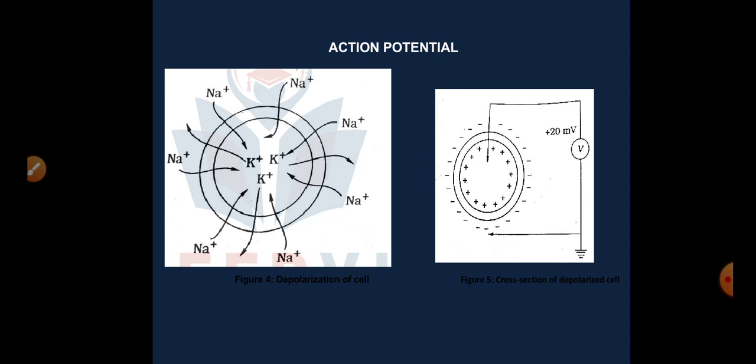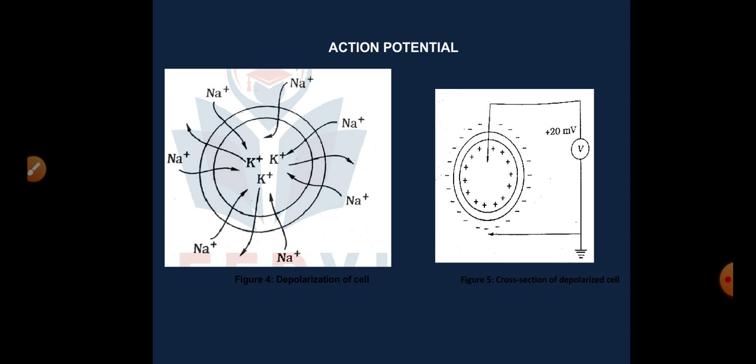At the same time, potassium ions in higher concentration inside the cell during the resting state try to leave the cell but are unable to move as fast as sodium ions. The result is that the cell attains a small positive potential on the inside due to the imbalance of potassium ions, known as the action potential, which is nearly plus 20 millivolt.